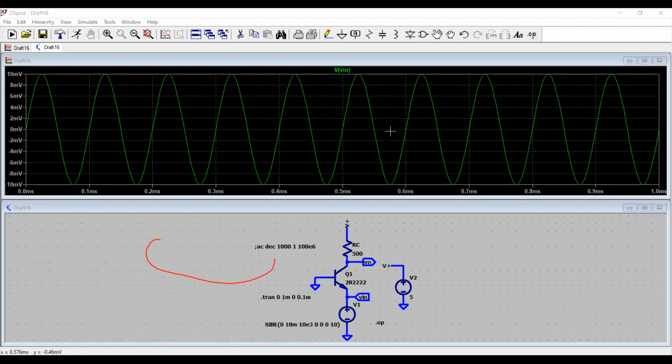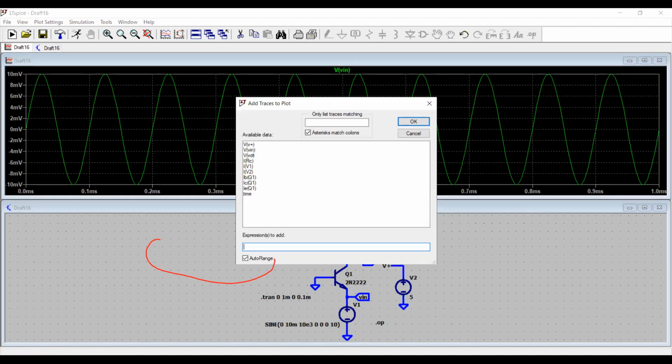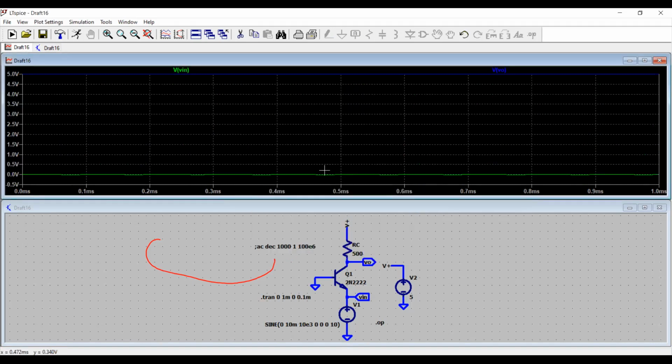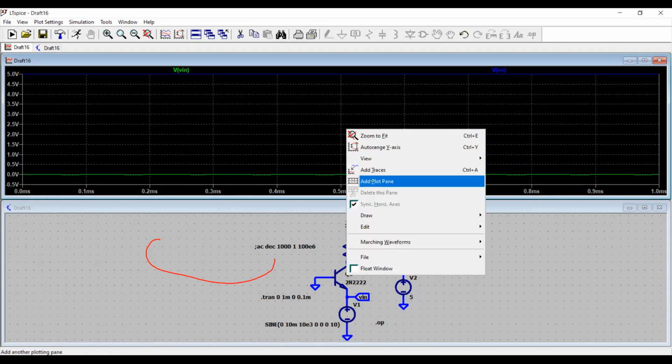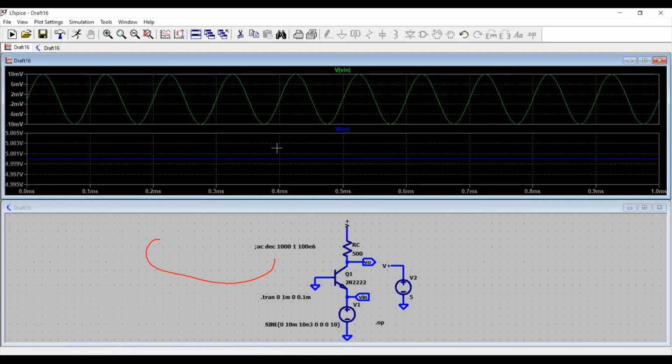On the other hand, I will right click and add trace. I want to plot output. So here is my output. This is the expression I'm plotting. I can't see them on the same pane, so I will right click, add plot pane, and then V in up and V out down.